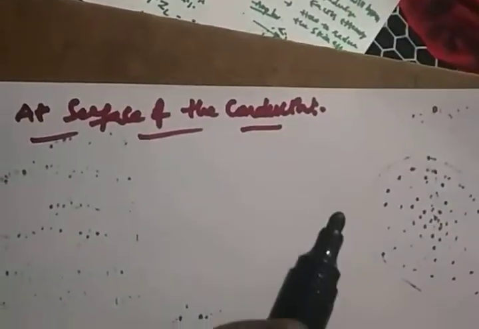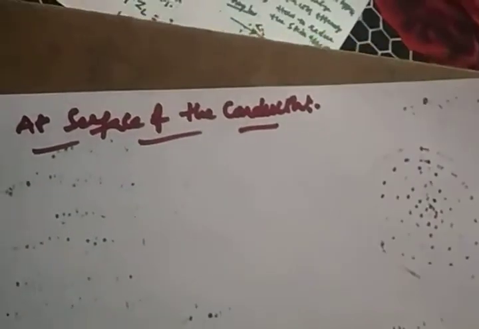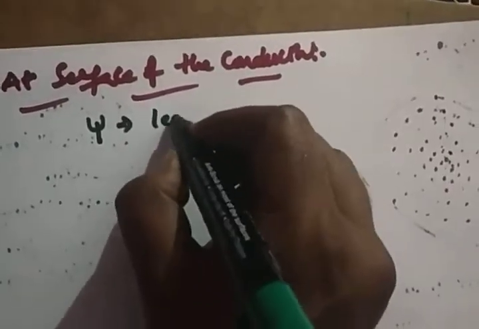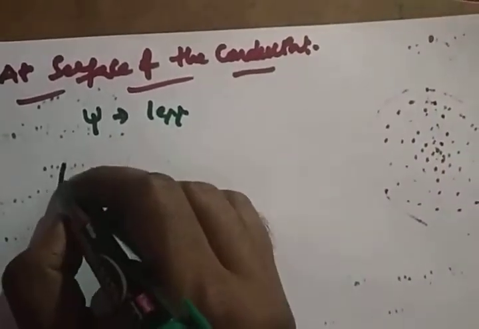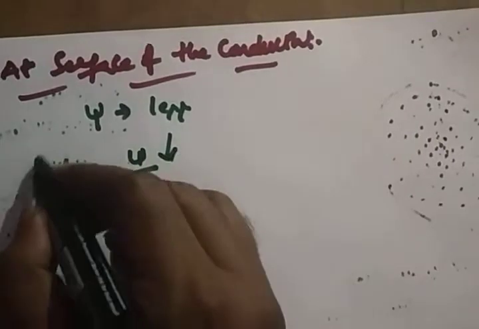Your flux linkages will be less, because at the center more flux is engaged. While moving to the surface, your flux linkages will be very less. So what about the inductance? L is equal to psi by I. If psi reduces, what about the inductance?